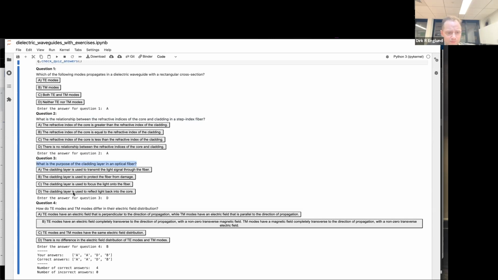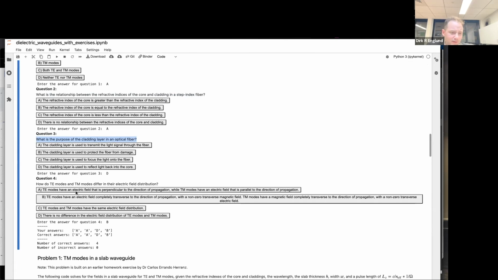In the case of the waveguide, the lower refractive index material surrounding the waveguide reflects the light back into the core. A legitimate answer here would also have been that the cladding can protect the fiber from damage, but it's really primarily for index guiding.